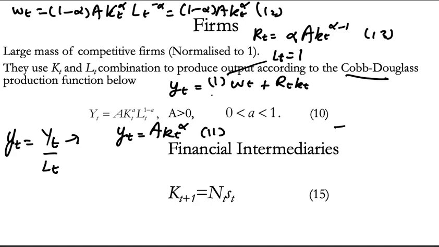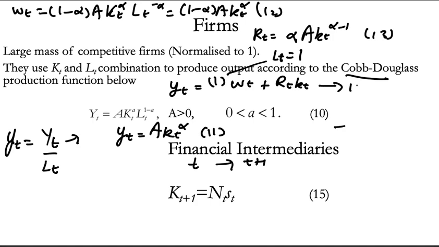Now, what about financial intermediaries? All of them are perfectly competitive, and they use the deposited savings by households as inputs in a technology that transforms units of output at time t into units of capital at time t+1. So then we can have expression 15 here.